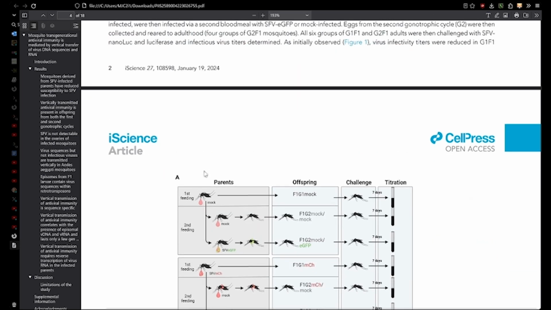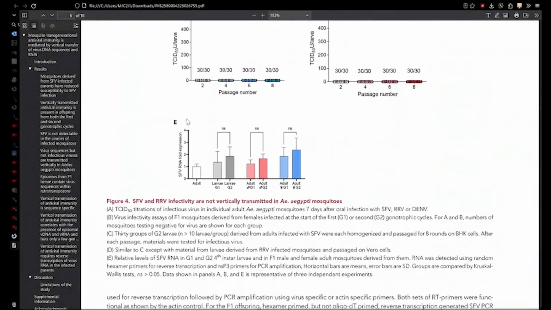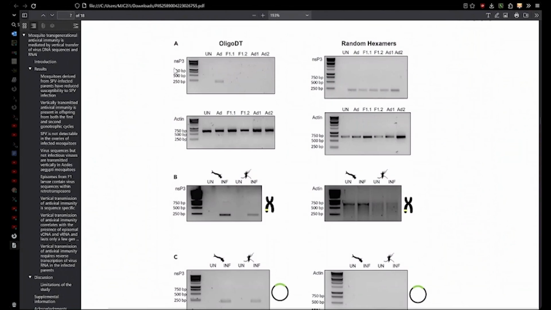so piggyBac is being used in humans, because it's a transposon that affects humans just like mosquitoes, but it's so alien to us that it actually has very low effect. You can put it into us and it's not part of any previous viruses, so it's not innately being destroyed.